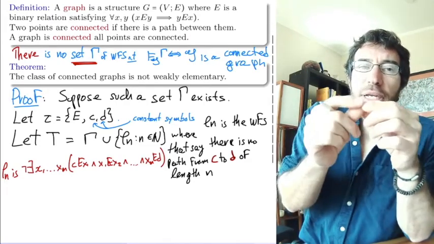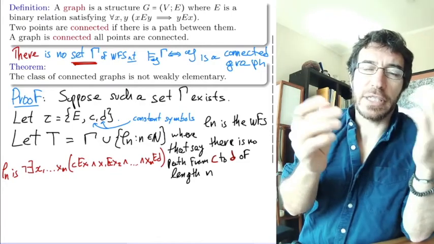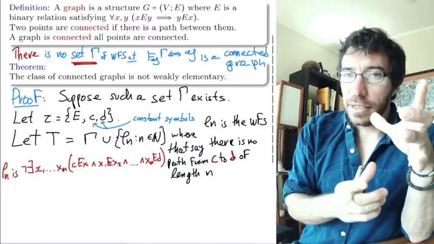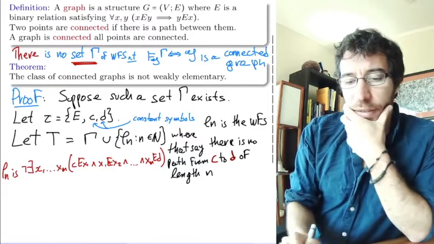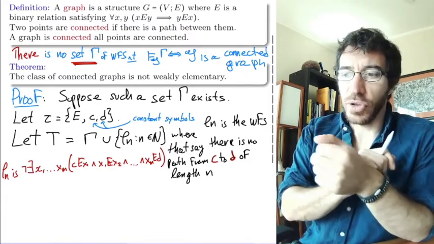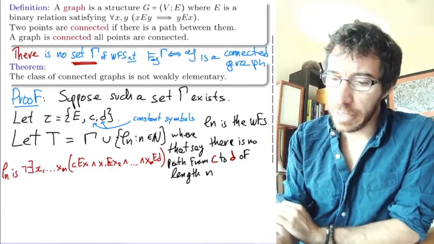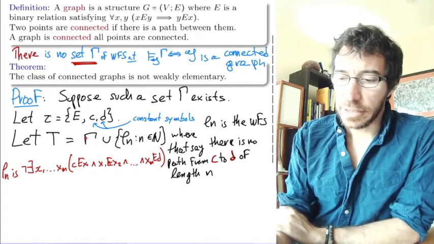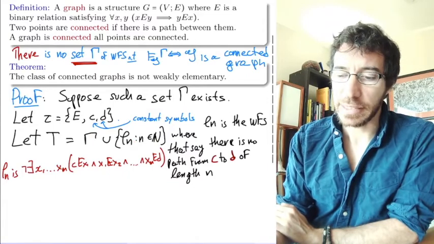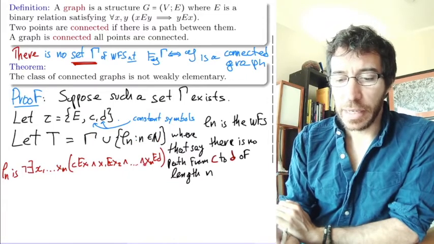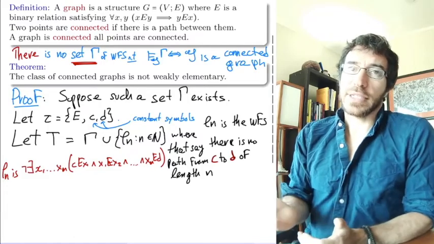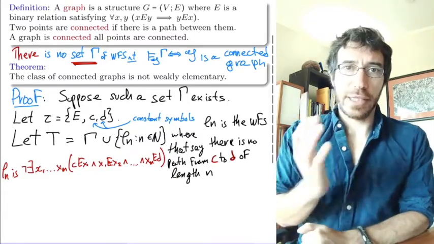And the path between them is going to have some length, 17, 47, 1 million, I don't know, it's going to have some length. And that means it's not going to satisfy the formula phi sub n, whatever the length of that path is, right? So if gamma is actually axiomatizing connected graphs, you can never satisfy all the phi sub n's at the same time. Because phi sub n says there is no path of length n, and if you put all n's together, it's actually saying there is no path at all between C and D, right?